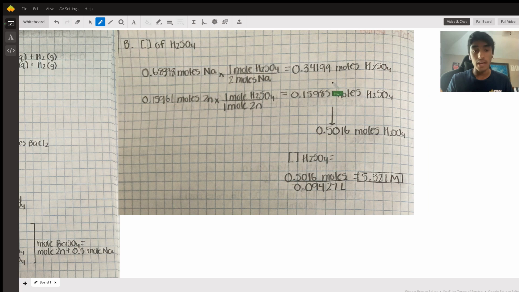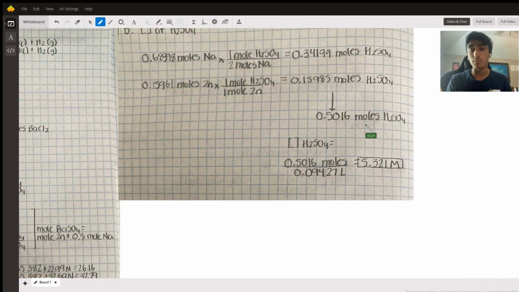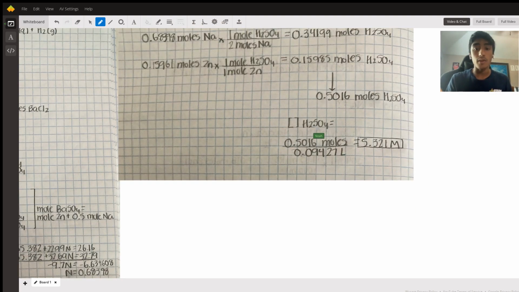We get moles of sulfuric acid. We do the same thing for zinc. We add the amount of sulfuric acid total needed to react with all of these moles of metal. And we get 0.5016 moles of sulfuric acid. We will then divide that by the volume in liters. We convert milliliters to liters, and we get 5.321 molar. That's the concentration of the sulfuric acid.